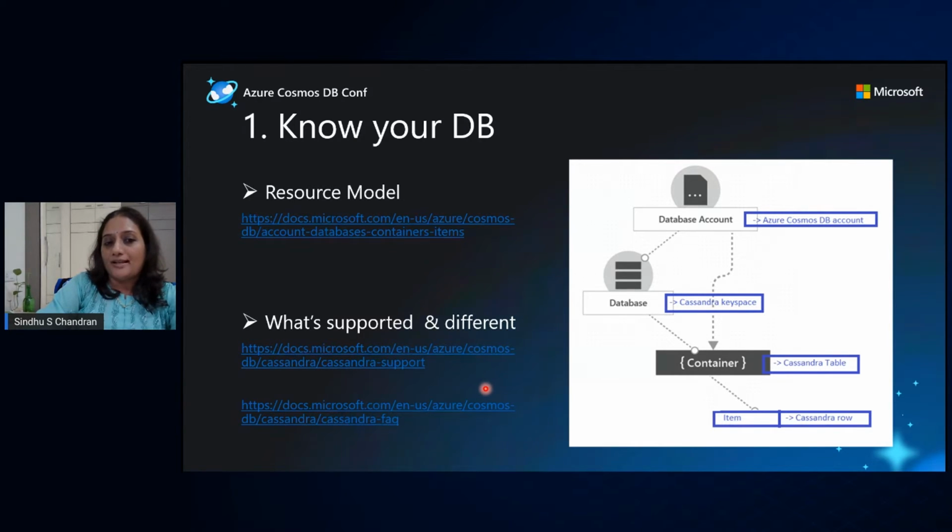So it is very important that we first review what is supported and different so that we are not wasting time later deciding that what is not supported will not work, or that we cannot live with what is not supported, or making sure that we know of the advantages that Cosmos DB provides. So these are the first two steps that I would start with, to know your Cassandra DB on Cosmos.